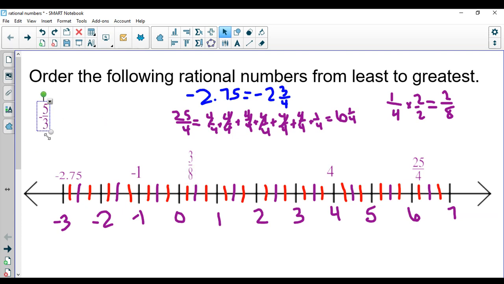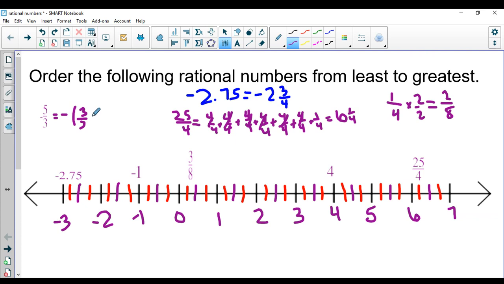-5/3, make it smaller. I'm going to do the same thing I did with 25/4. So -3/3. And I don't have another third in here, but I do have 2/3 left. And that's going to give me negative, we have 1 whole and 2/3.